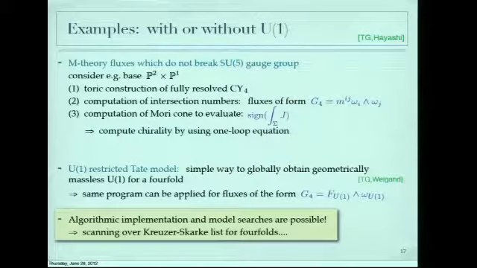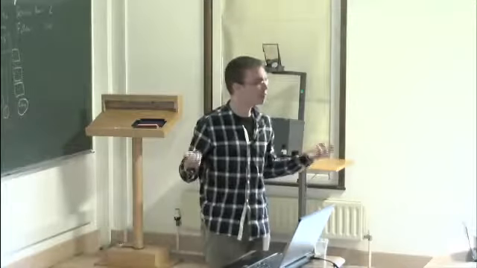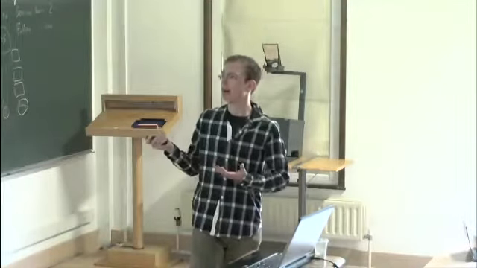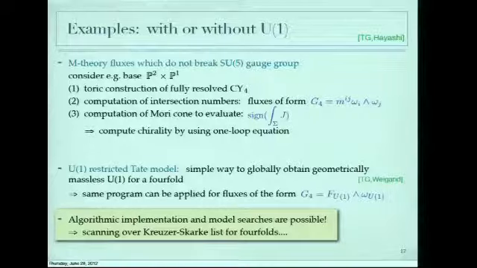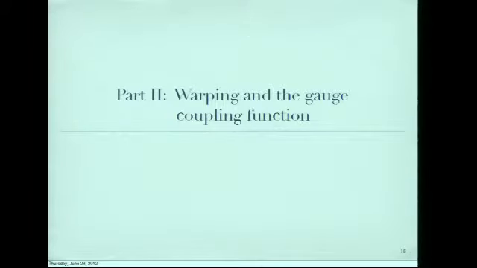Because we are on resolved geometries, we can look at Kreuzer-Skarke lists for fourfolds, or we have to construct a larger sample. And it would be very nice if maybe people here in the audience get interested and have the technical skill to start to implement some search algorithms to go through global models, and study gauge groups and the chiral spectrum in this example.